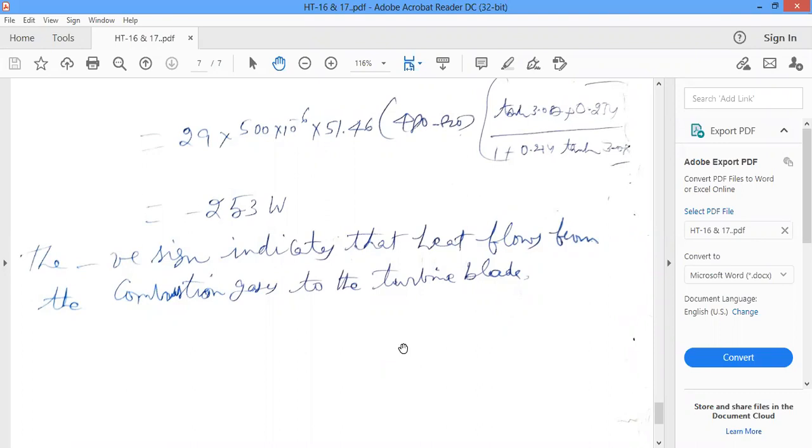For the insulated fin, what are the boundary conditions? The first boundary condition is the same for all three cases: at x equal to 0, T is equal to T naught. But at x equal to L, the heat transfer rate is 0. That is, minus K A dT by dx should be equated to 0. K should not equal 0 and area should not equal 0, so dT by dx at x equal to L is 0.